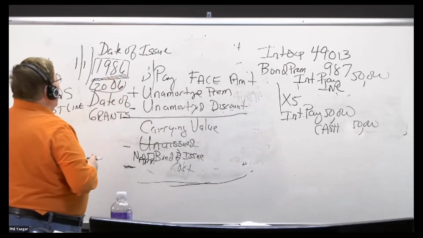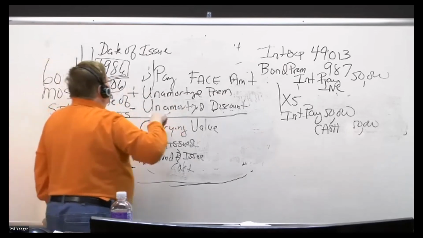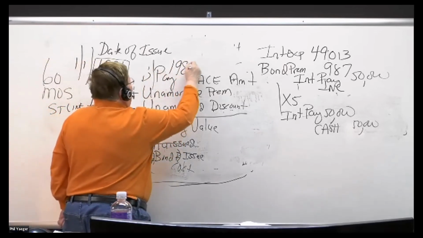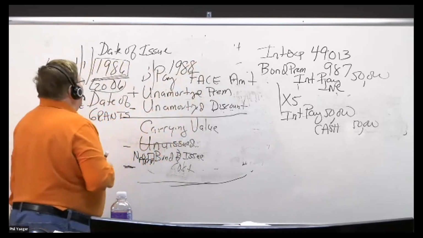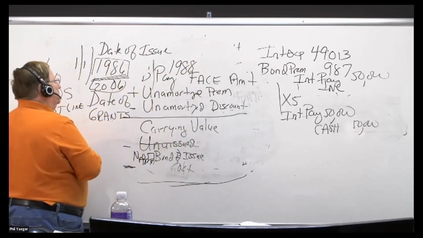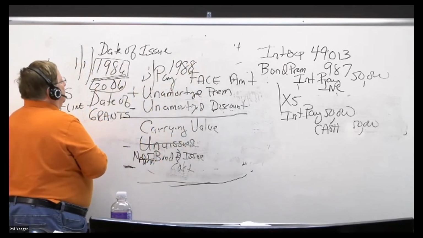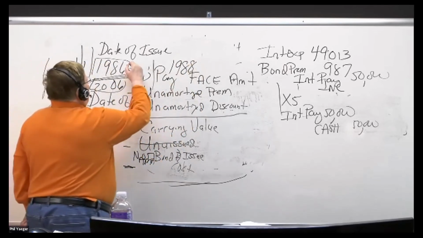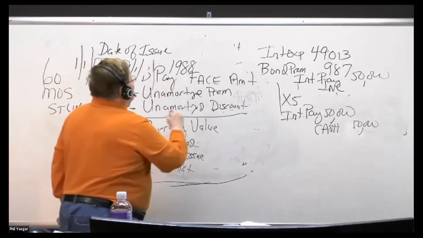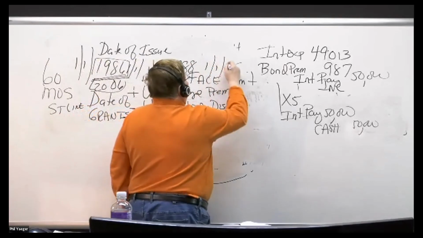Now, what happens if you, the bondholder, buy the bonds in 1988? Now, that's how many years after the bond issue date? 2. Well, let's say it's January 1st of 1986, and you buy them on January 1st of 88.